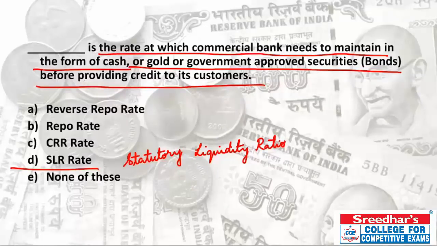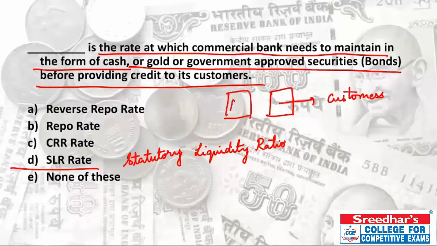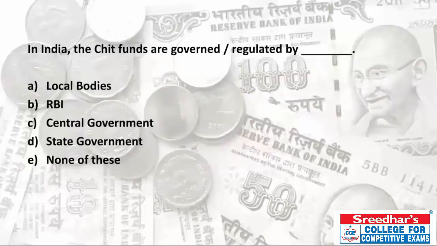So you are a bank, you want to lend something to the customer, which means prior to this you need to maintain some reserves with RBI. This may be in the form of cash as insisted by RBI, or gold or government approved bonds. That rate is the statutory liquidity ratio. So what is the present SLR? It is 19.5%.